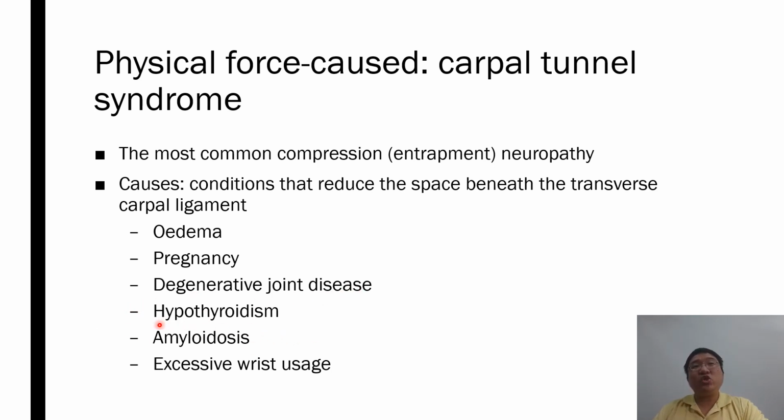Hypothyroidism is also another predisposing factor. There is increased extracellular matrix production, amyloidosis, and excessive growth hormone.